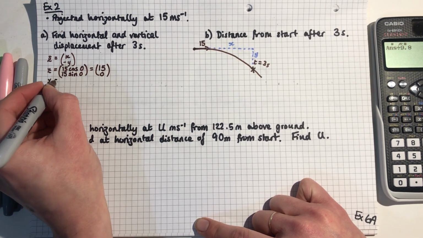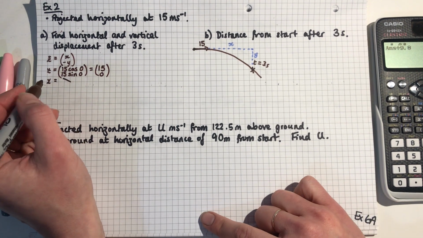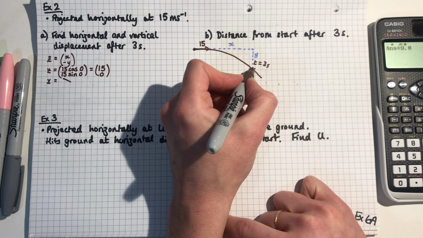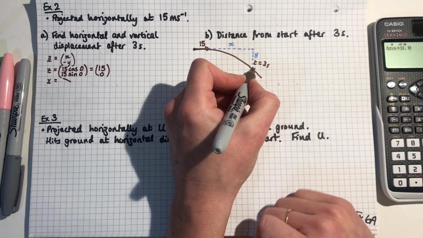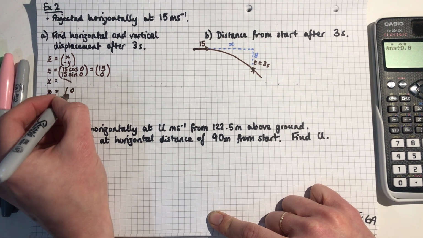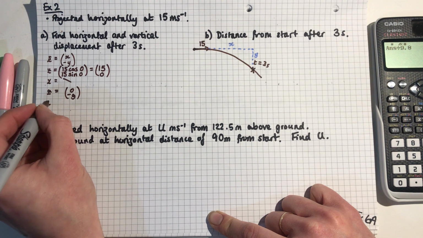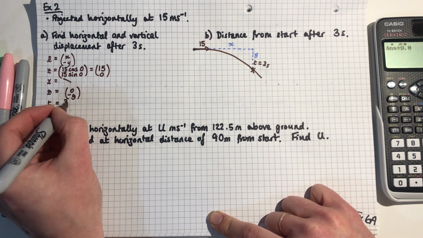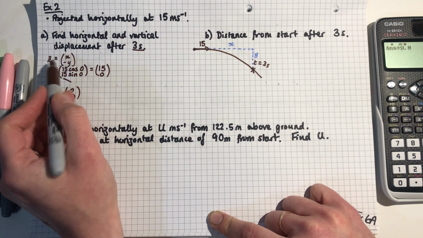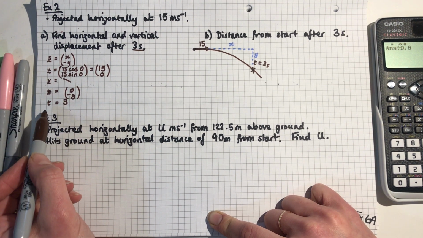V, it doesn't ask me to find that, so we'll leave that for now. V in this context would be the velocity we're travelling at when we hit this point here, but I'm not interested in it. A is always 0 minus g, because it's coming down, and up is positive, and t is 3 because it's after 3 seconds. So we've got to find x and y, so we're using S, U, A and t again.